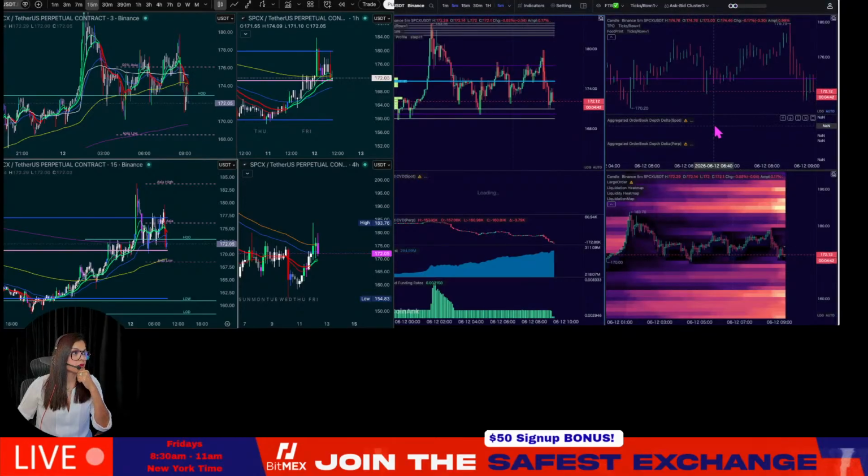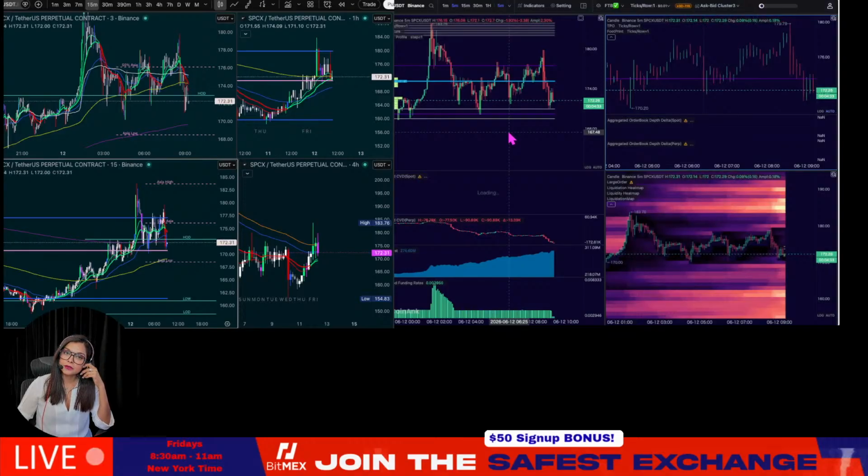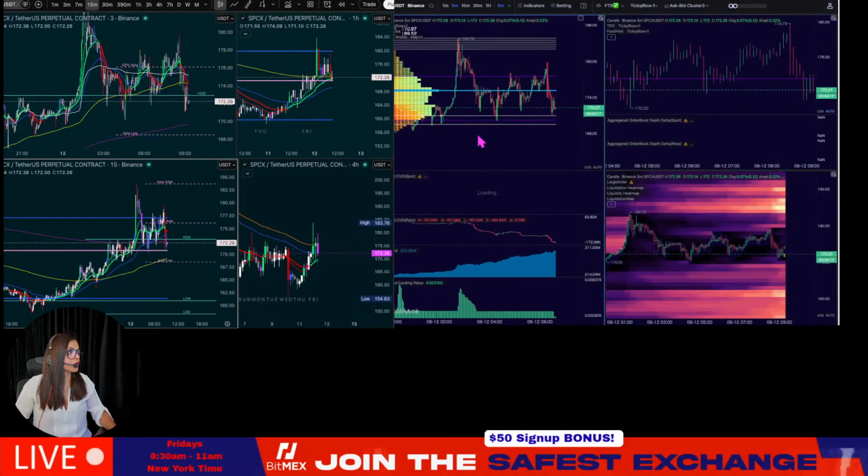I trade on BitMEX, and they introduced a perpetual SPACEX IPO contract about a week ago, and so that's what we're trading. Binance has it as well, and a lot of other exchanges, Hyperliquid. So it doesn't matter where you're trading it, the on-chain data is on-chain data. So we're able to see what's going on.